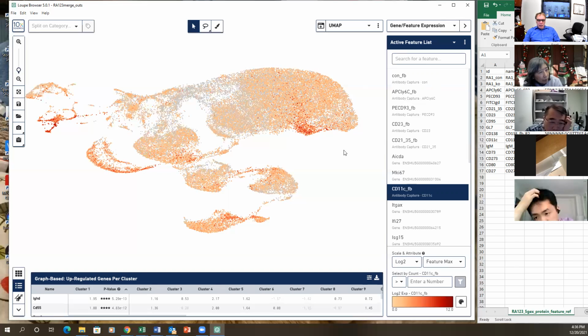So there's CD11C positive, but T-bet. When you look at CD11C cells, comparing knockout and wild type, there is a huge amount of gene difference. That would be quite interesting, right?